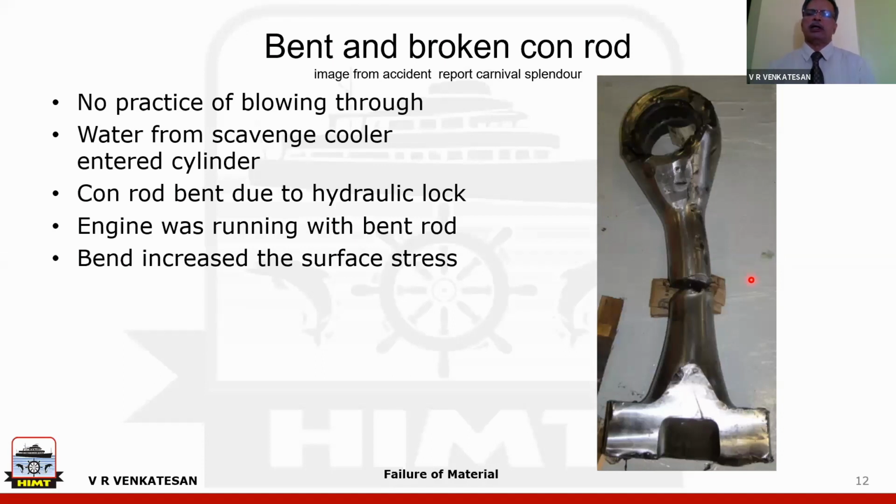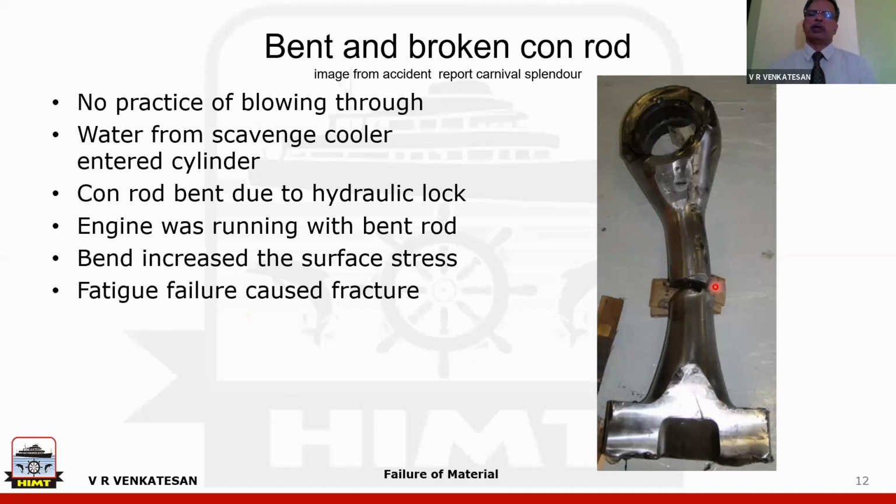Now this additional plating you see is what was welded to hold it together, when the examination of this component was done, these plates were welded together to make it look complete. So this part of the connecting rod developed cracks, as the surface stress increased in the bent portion, and from that surface stress, fatigue failure resulted.